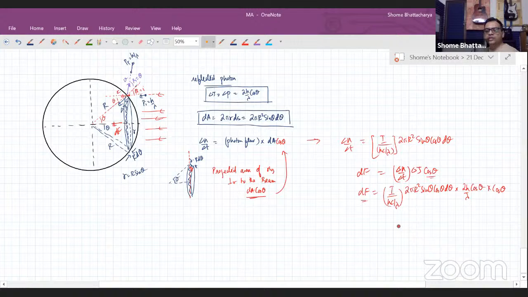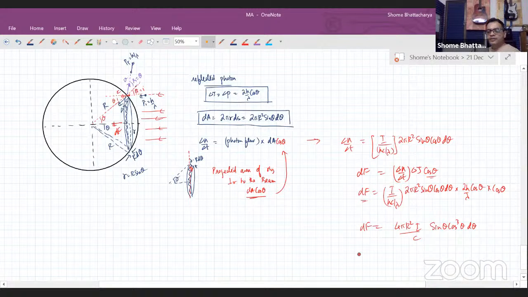So you have a cos³θ sin θ integration kind of term. Again h by λ will cancel out, and we'll have 4π r² I by c into sin θ cos³θ dθ.